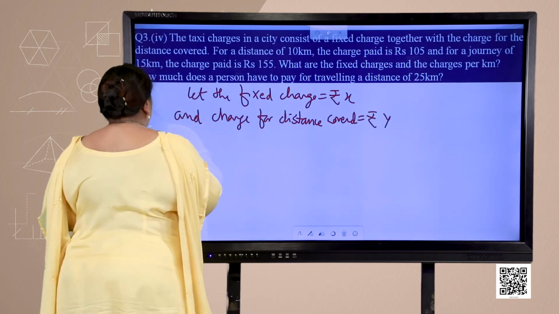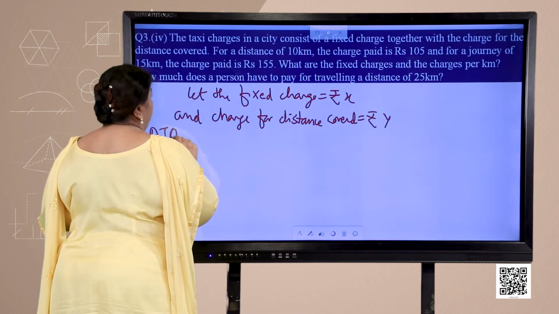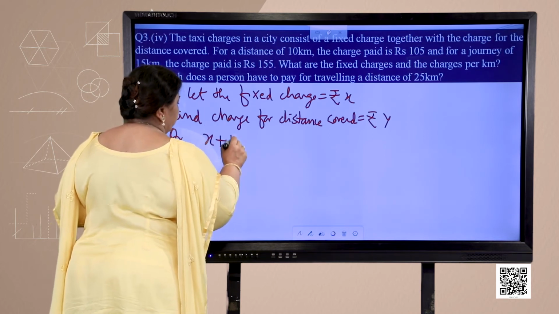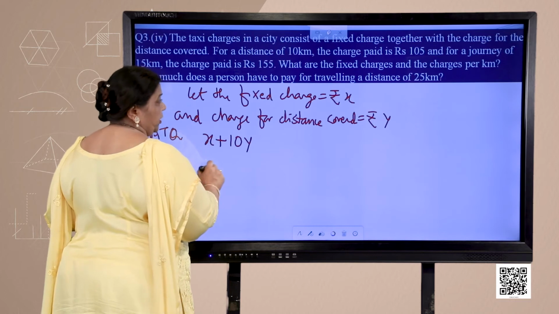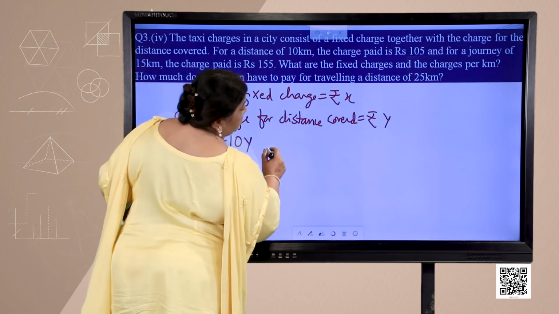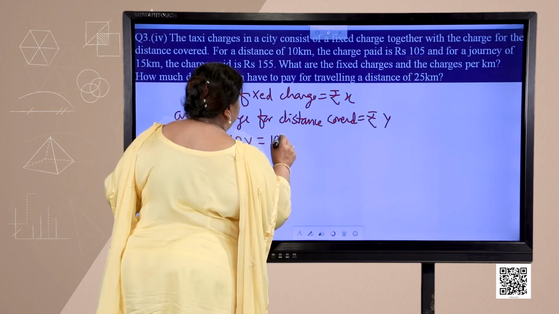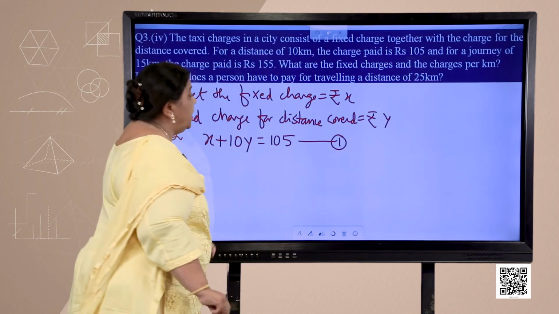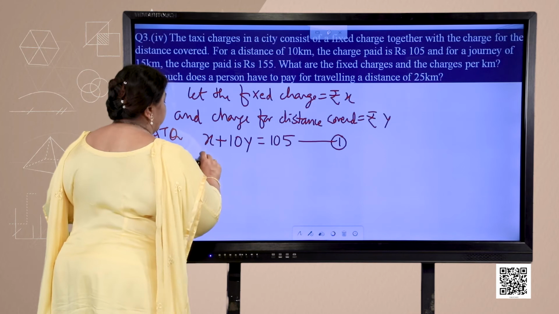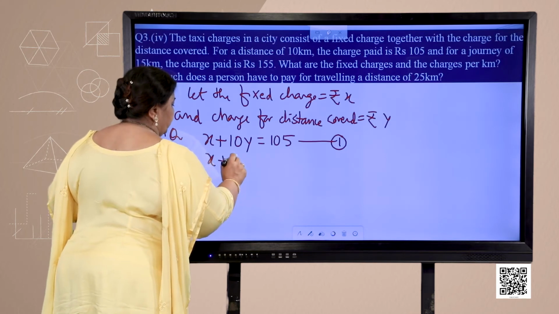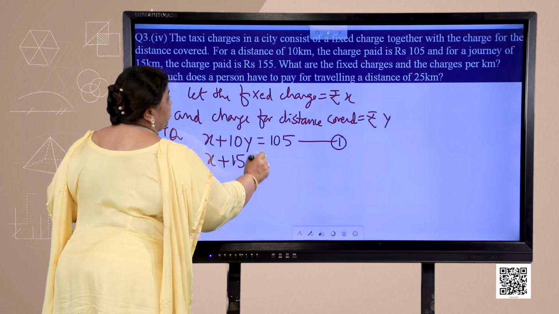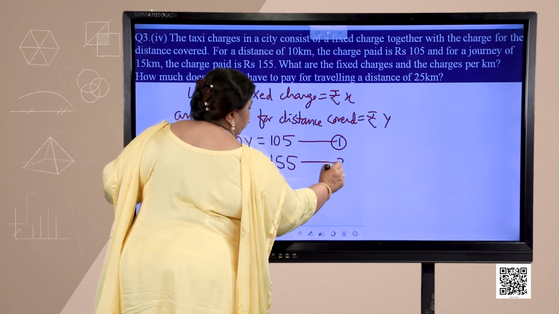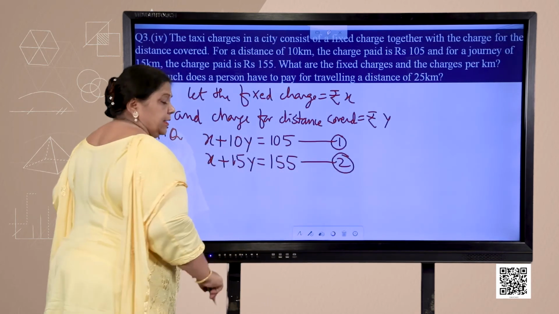So, according to question, we have for 10 kilometers it is fixed charge plus the amount to be paid for 10 kilometers is 10y, and how much is the payment? 105 rupees. This becomes our first equation. And for 15 kilometers, so x plus 15y is equal to 155. So, these are the two equations.